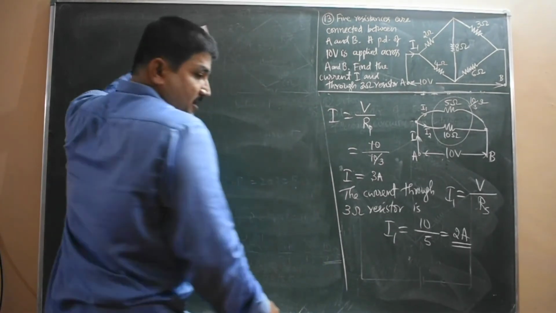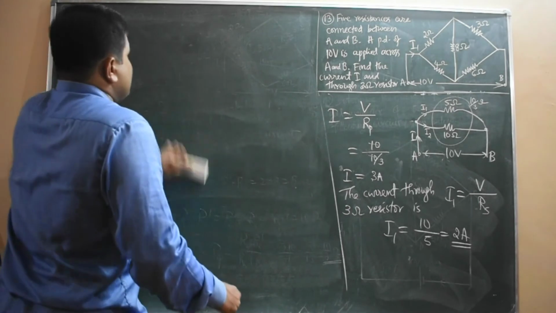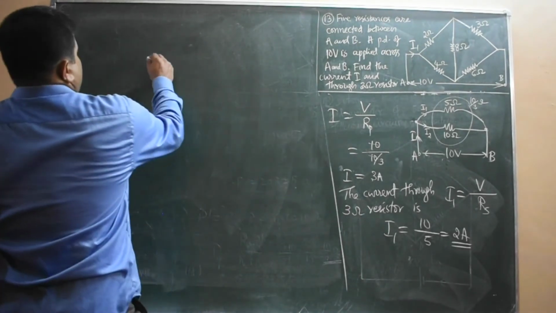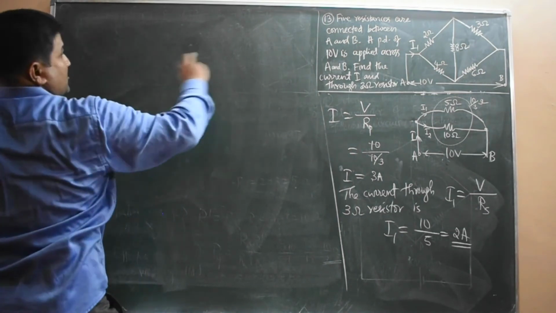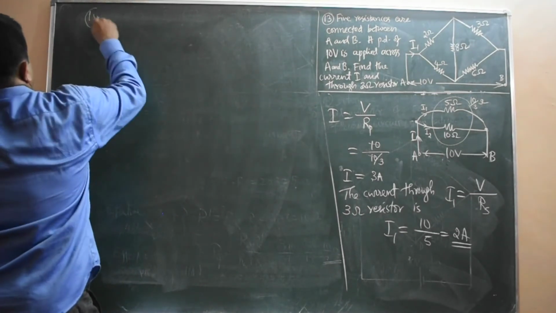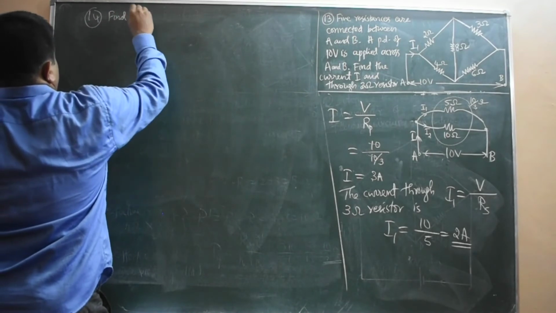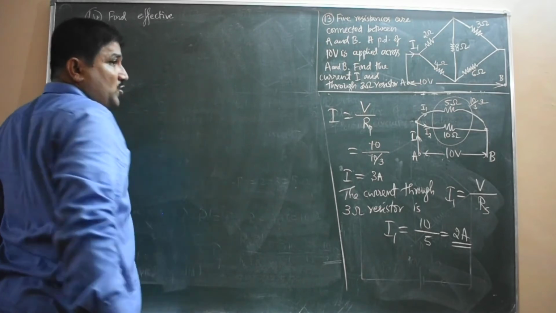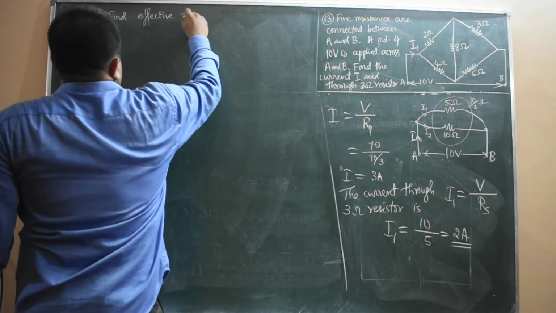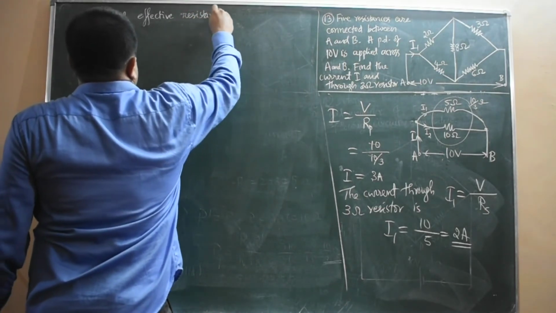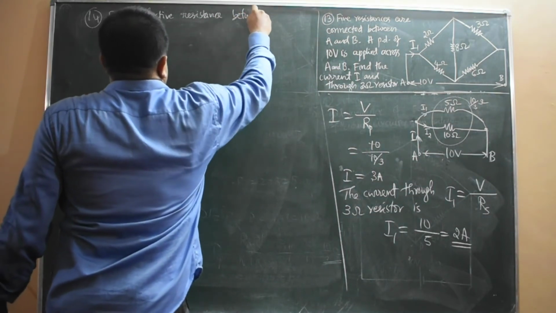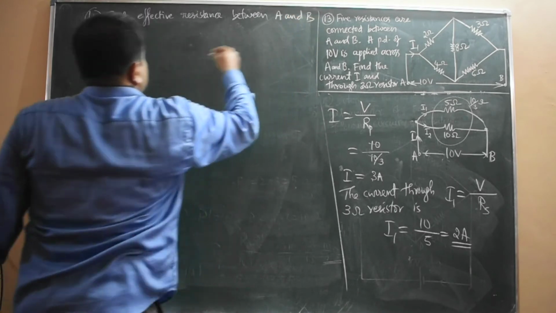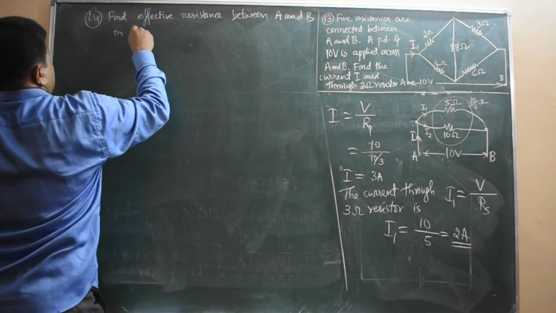Suppose I have resistors of question number 14. Find effective resistance, or equivalent resistance, or total resistance between A and B in the following network.